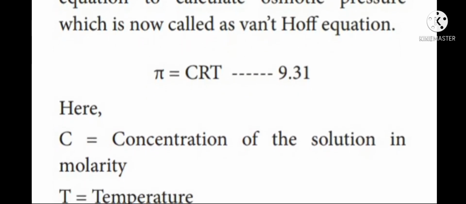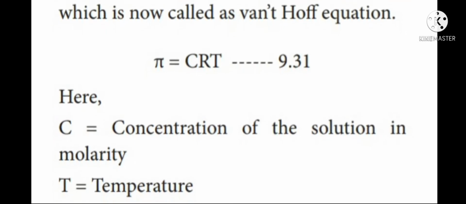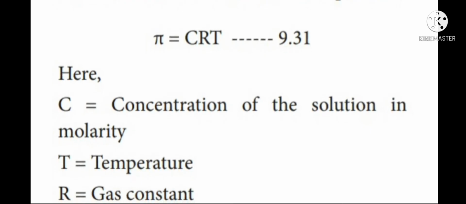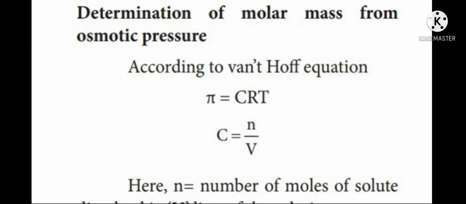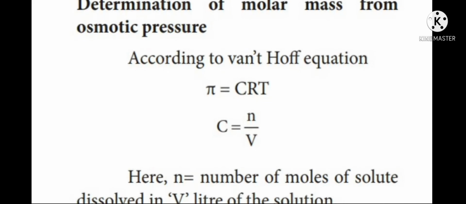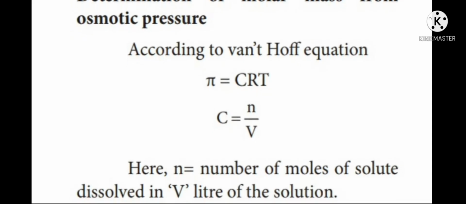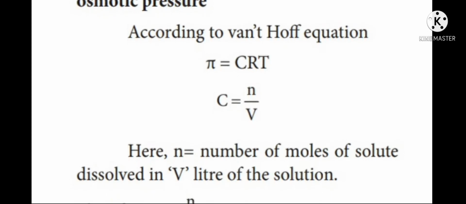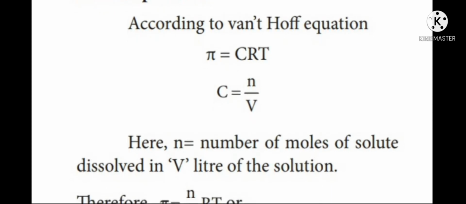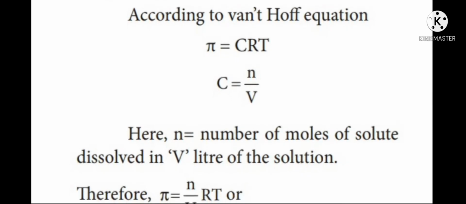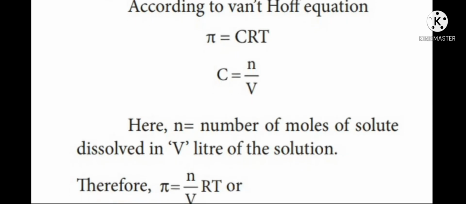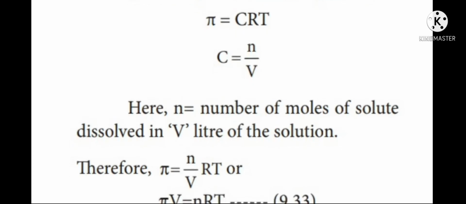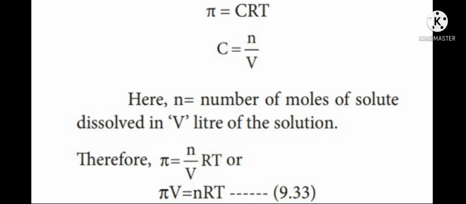Here, C is the concentration of the solution in molarity, T is the temperature, and R is the gas constant. Now, we will discuss the determination of molar mass from osmotic pressure. According to the Van't Hoff equation, pi equals CRT, where C is equal to n by V. Here, n equals the number of moles of solute dissolved in V liters of the solution.